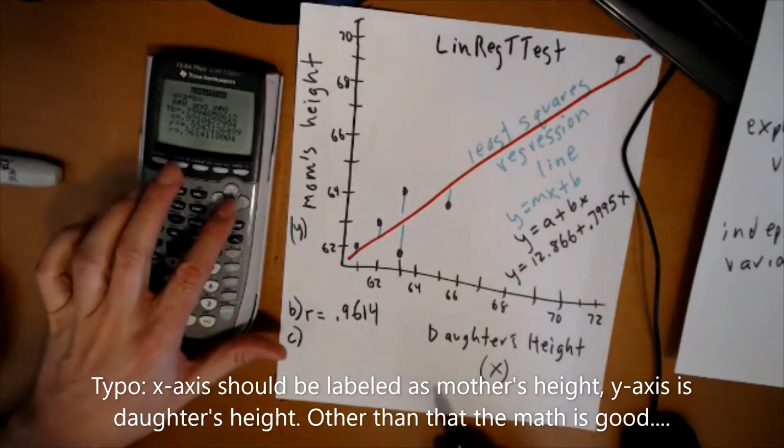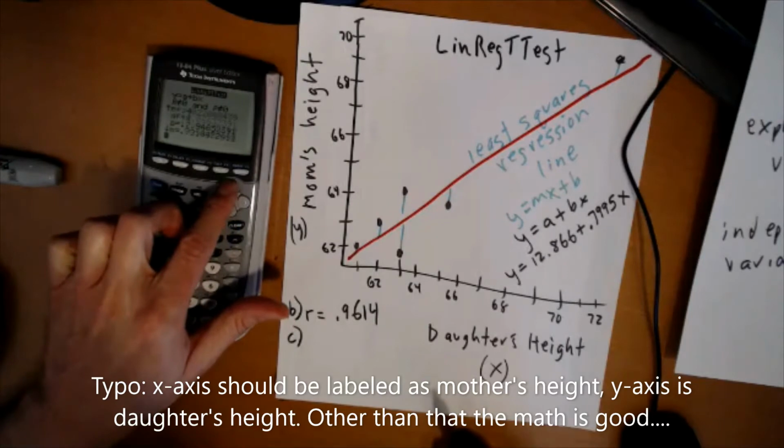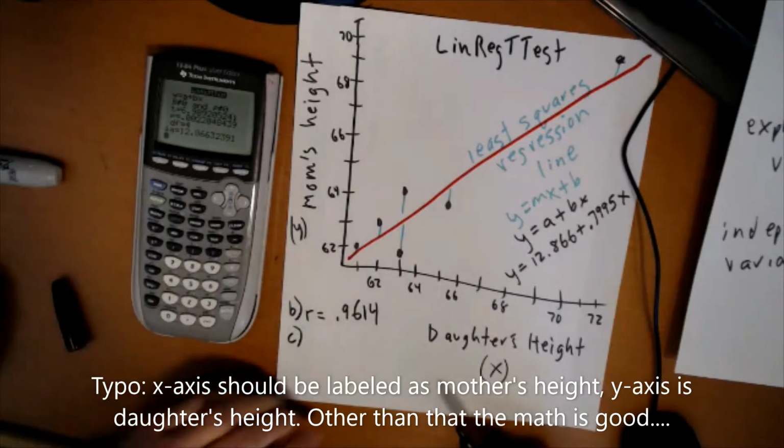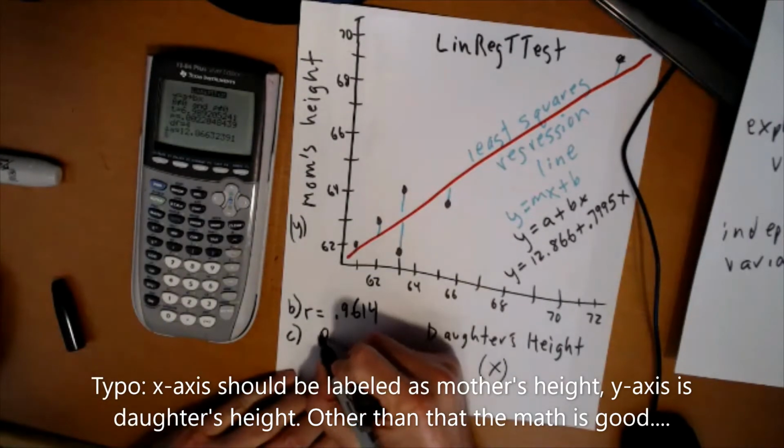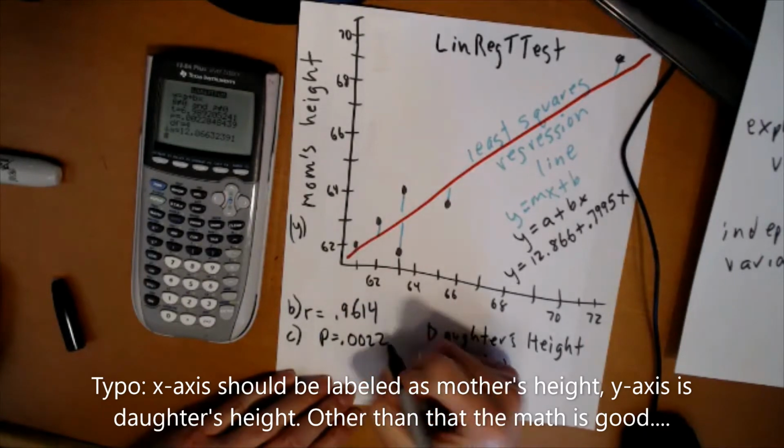So you'll notice we also have a p-value. If I scroll back up here, it says p is equal to 0.0022.